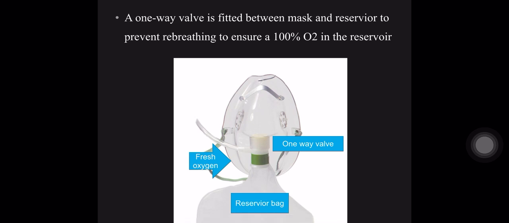Okay, this is a figure of a mask with the reservoir bag, and there is a reservoir bag and fresh oxygen supply, and then the one-way valve. The one-way valve is between the mask and the reservoir. It prevents the exhaled gases from entering the reservoir bag. So the oxygen in the reservoir bag is 100%.